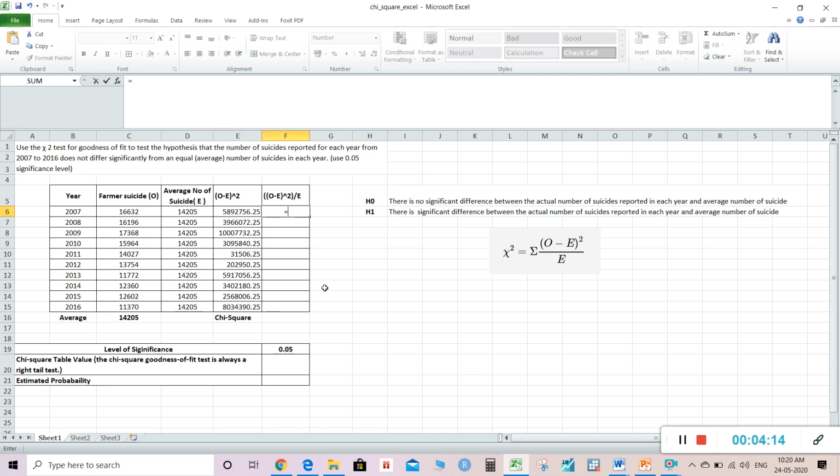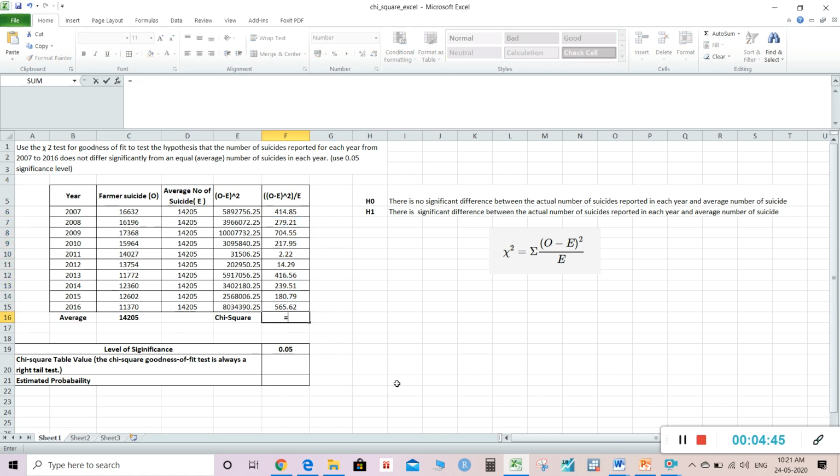So for that you need to divide this with the expected value. So now you have the deviation of observed minus expected all square value from the expected value corresponding to each of these years.